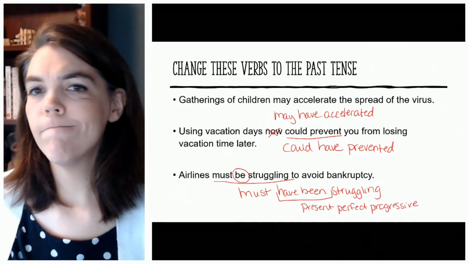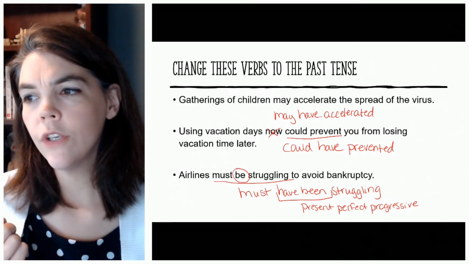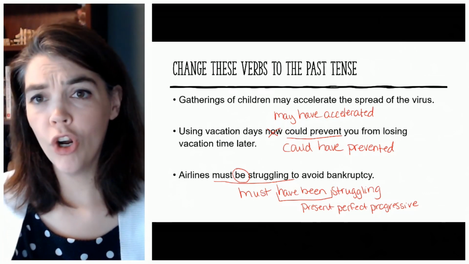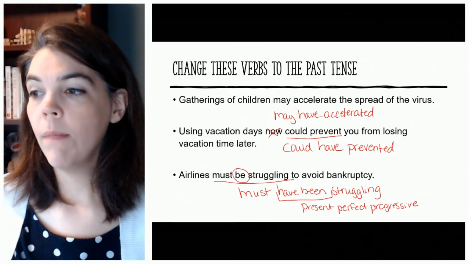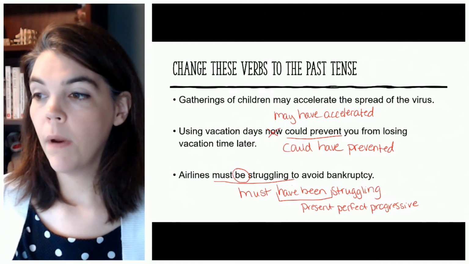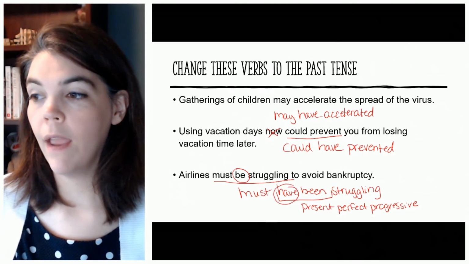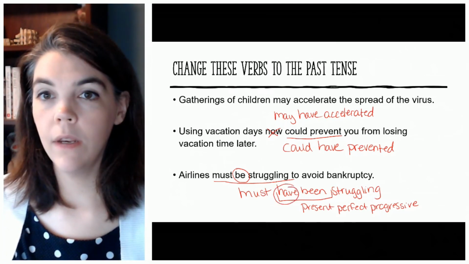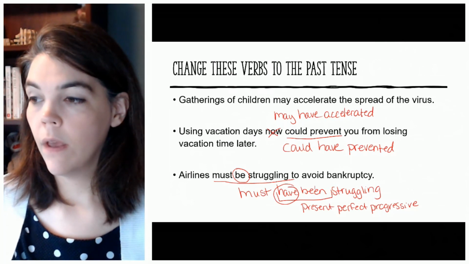You might be thinking, couldn't I just say were? But remember, we have to have, right? Have is part of this structure, so we have to have, and so that makes it important for us to have been, struggling, this is the past participle.